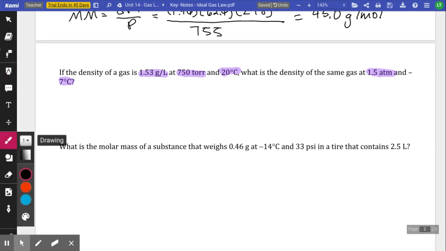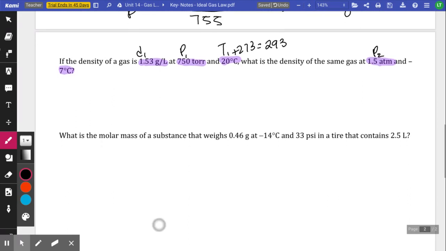In our first set of variables, I'm going to label them density 1, we have the first density, our first pressure, and our first temperature. Again, we have to add 273 to that, so we end up with 293. And we want to know what the density of the same gas is at a different pressure and a different temperature.